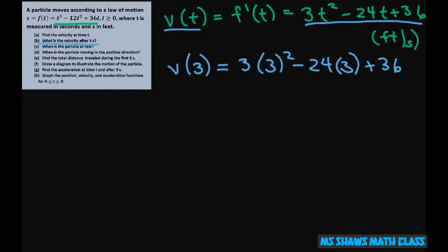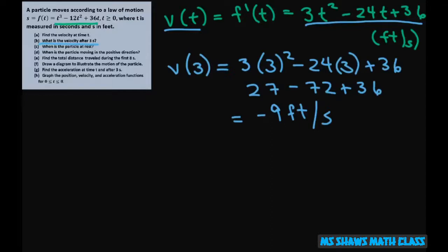That's going to give us 27 minus 72 plus 36. So this is going to equal negative 9 feet per second. So that's the velocity after 3 seconds.